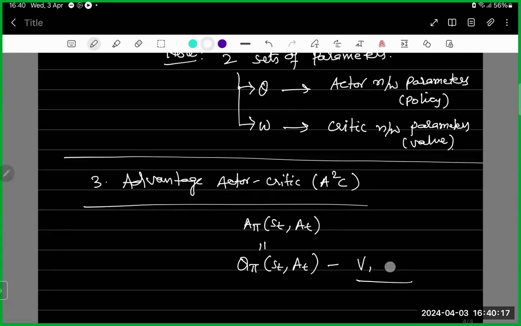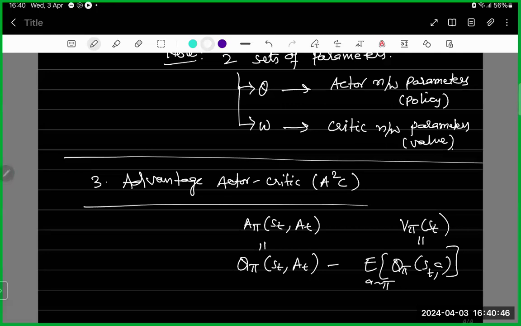What can you write this as? You can write this as expected Q pi of S comma A, where A is according to pi, right? That is V pi of S_T. This is the definition of V pi of S_T: Q pi of S_T comma A, where you take the average of that, where A is sampled according to pi.